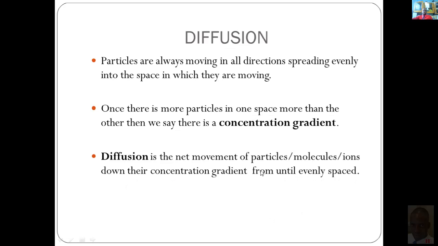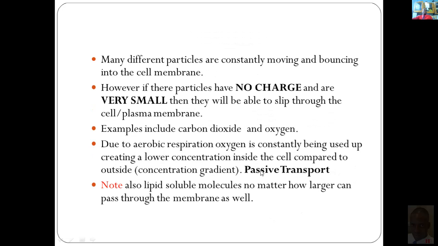When we say net, we mean that the majority of the particles, molecules or ions, move down their concentration gradient until they're evenly spaced. So if we have more particles on one side of the room and fewer on the other, they're going to move from where there is more down to where there are fewer particles. So that's what we mean by moving down the concentration gradient.